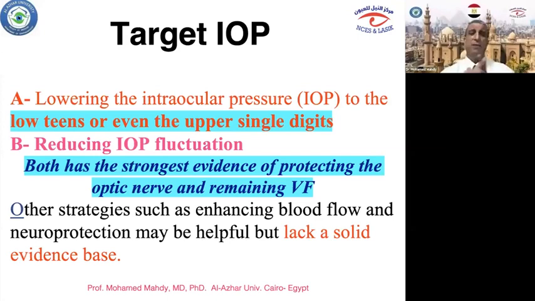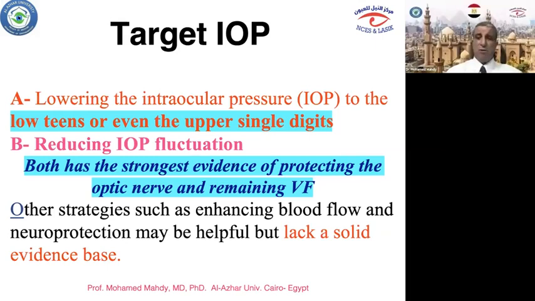Reducing the intraocular pressure fluctuation is very important. Both of these two factors, low intraocular pressure and no or little fluctuation, have the strongest evidence of protecting the optic nerve head and the remaining visual field later on. Other strategies like enhancing the blood flow and neuroprotection might be helpful for sure, but they lack solid evidence-based application.